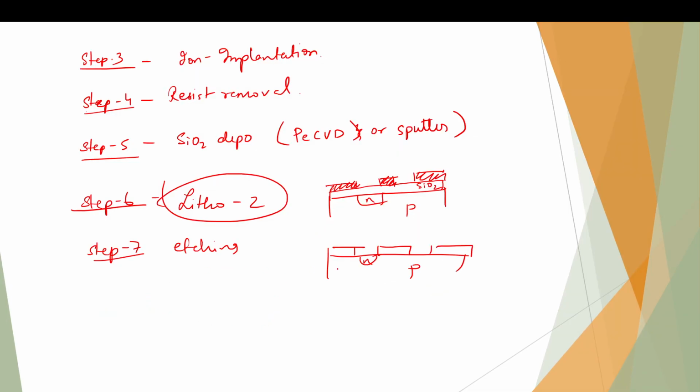So what we can do is we can do a lift off process. So again that will be a litho process first. So by doing lithography we will, okay, I'll just draw. We will put PR in these locations.